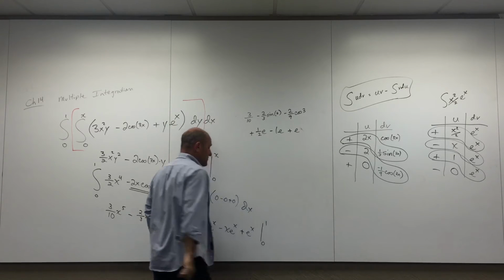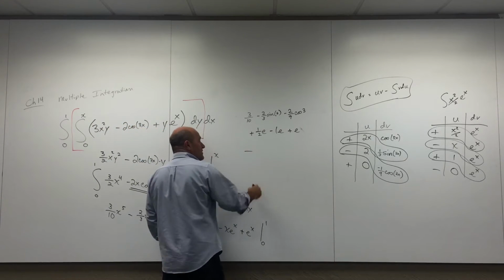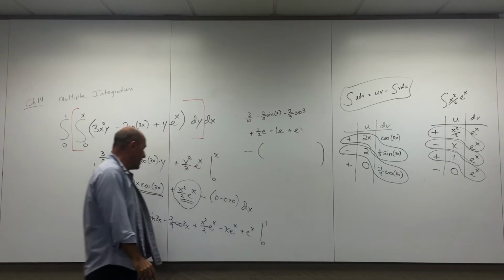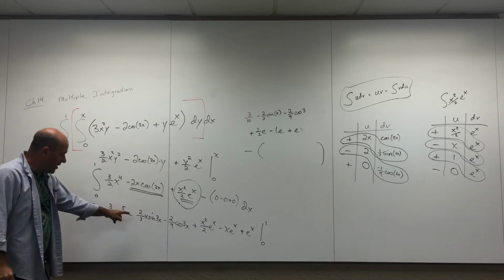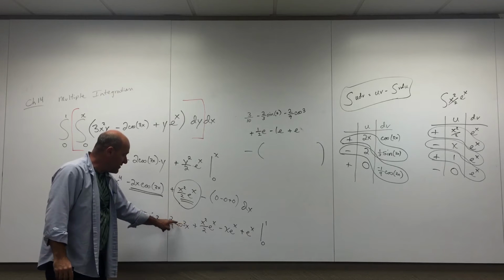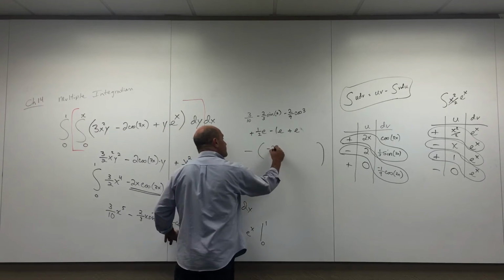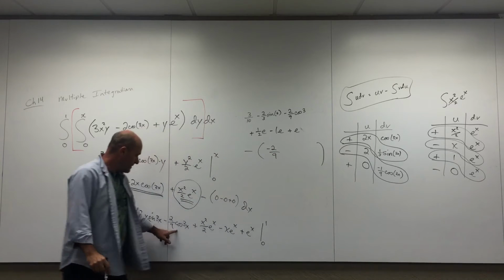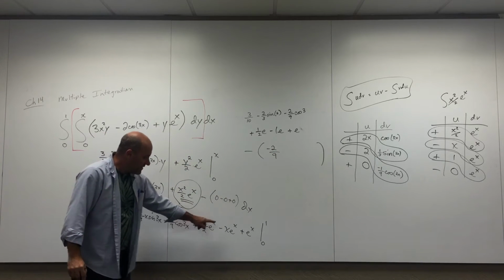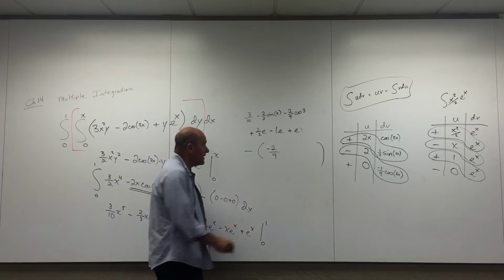Okay, that's what happens when you plug in a 1. Minus, what happens when we plug in a 0? When we plug in a 0, that's a 0, that's a 0. Turns out, though, the cosine of 0 is a 1. So I get a negative 2/9. And that's a 0, that's a 0, but it turns out e to the 0 is a 1. So I get a 1 right there.